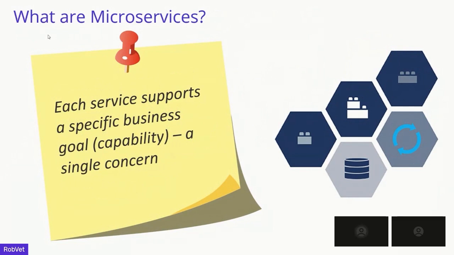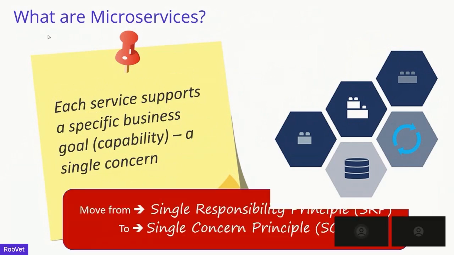An example here might be a separate service that does nothing but show you what's in our product catalog. Another service that manages your shopping basket. Another service that helps you build orders. Another one for shipping, another one for inventory, and so on and so forth. So we sort of move from something you might be very familiar with. I love this here.